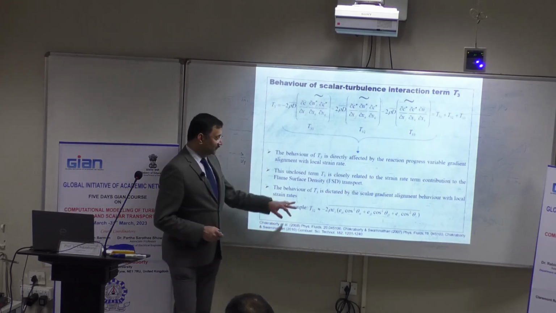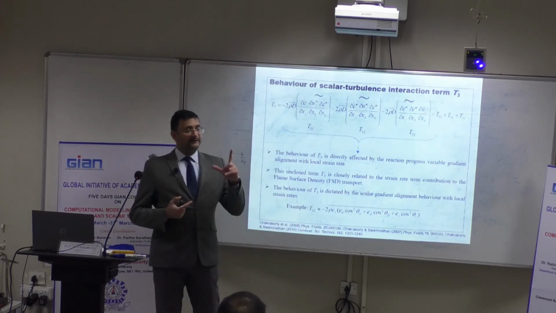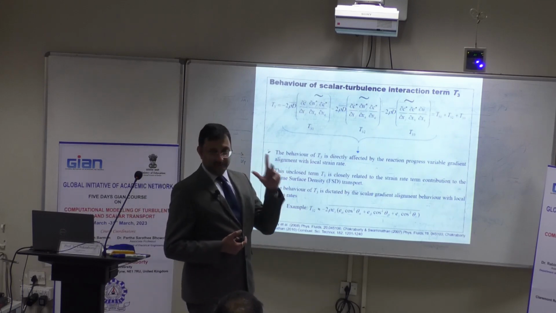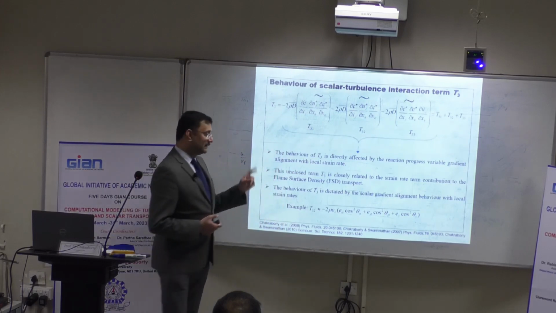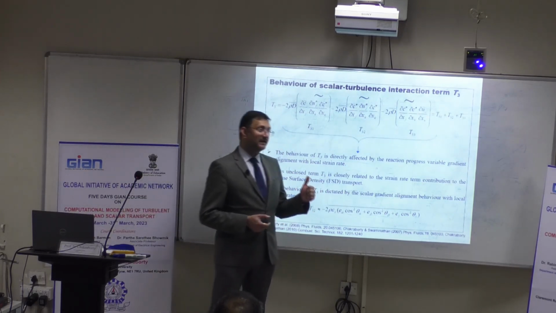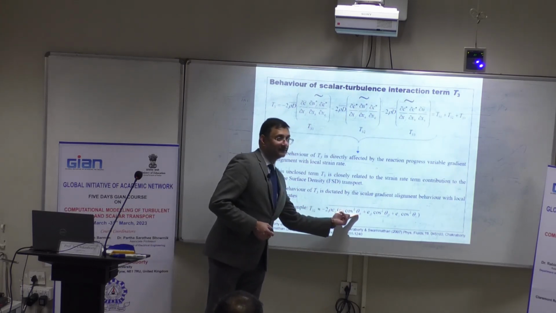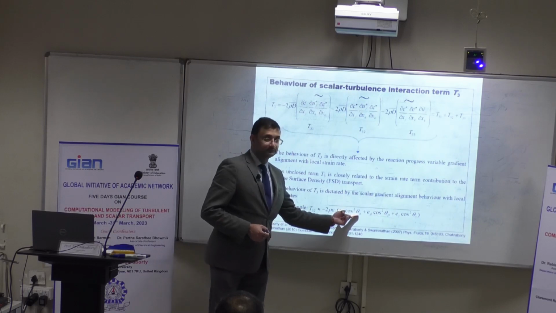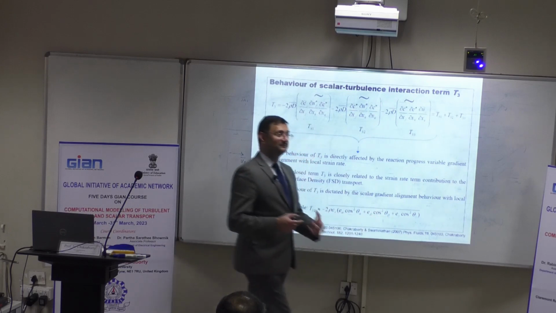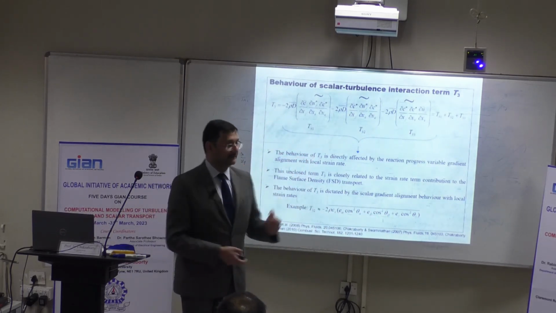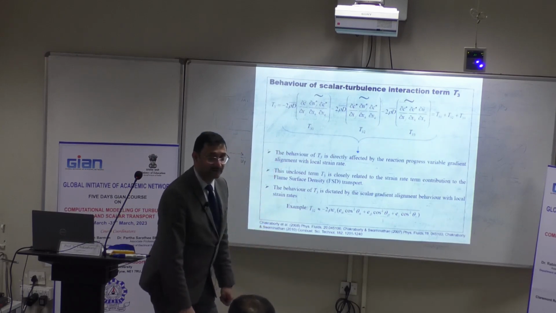Now if you spend a little bit of time looking at the expression, the eigensystem is mutually perpendicular. So if my scalar gradient aligns with the most extensive principal eigendirection, then this cos square theta alpha is going to be 1. Here, this will be 0 because of the mutually perpendicular property, cos theta beta is going to be cos 90 degrees, cos square 90 degrees.